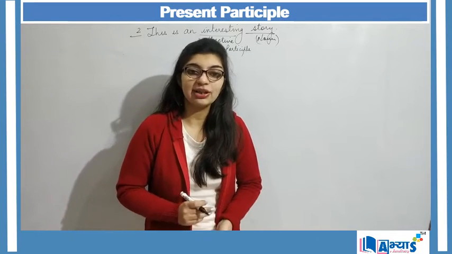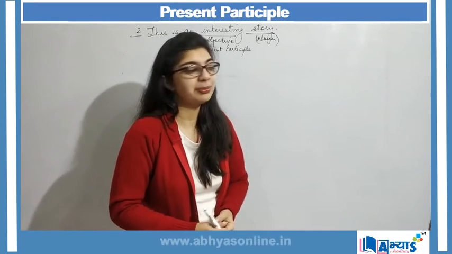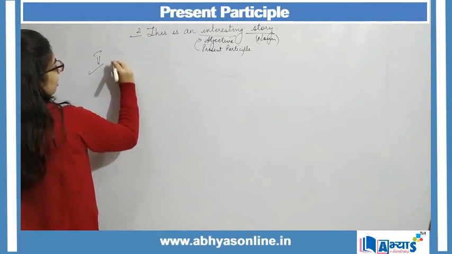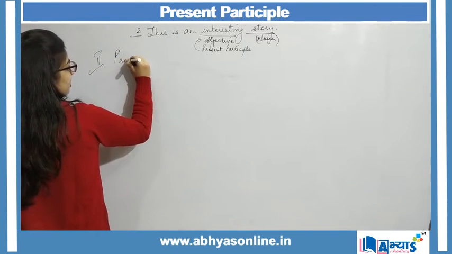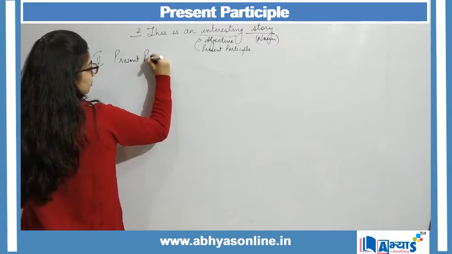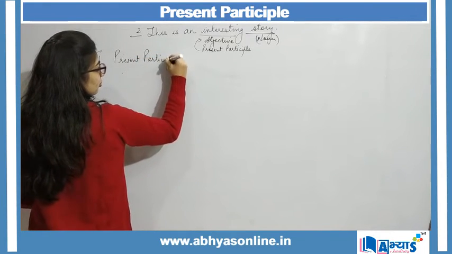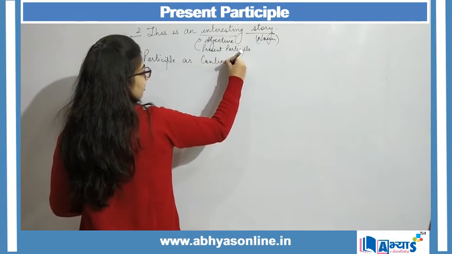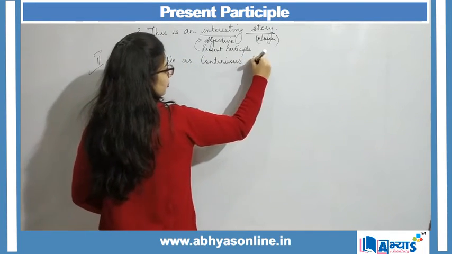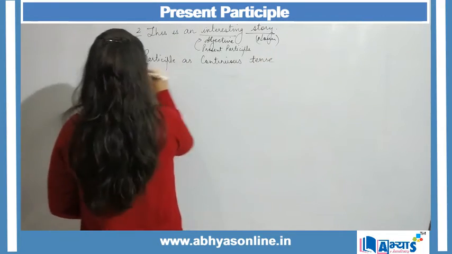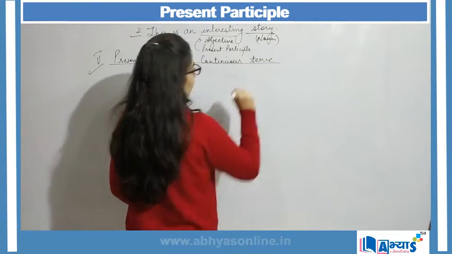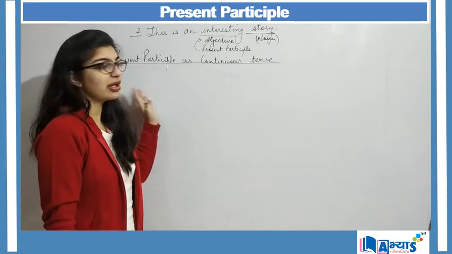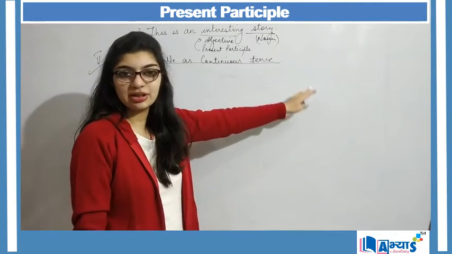Now second usage of present participle is present participle as continuous tense. So this is another way of using present participle tense where it acts as a continuous tense.